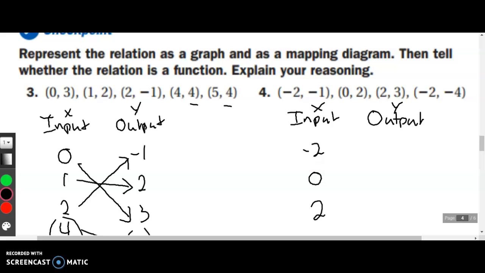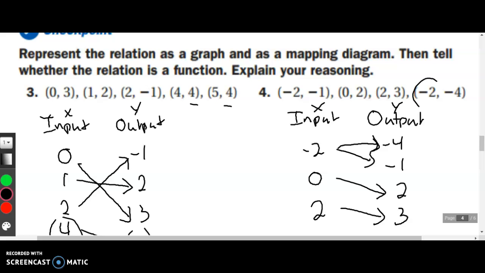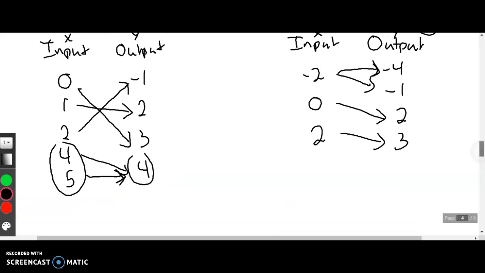And the output is -4, -1, 2, and 3. -2 goes to -1. 0 goes to 2, 2 goes to 3, and -2 also goes to -4. Now, you notice how we had a repeating x value here. That means that this is not a function.